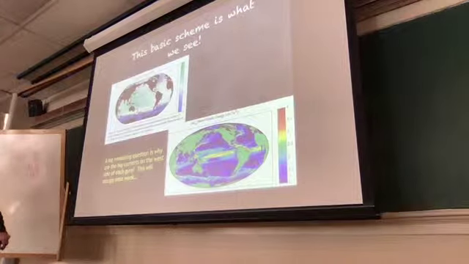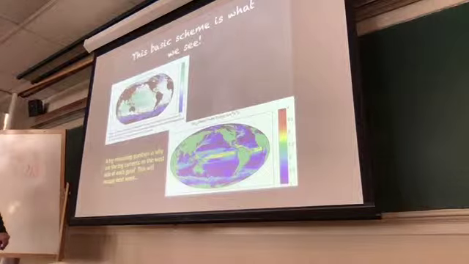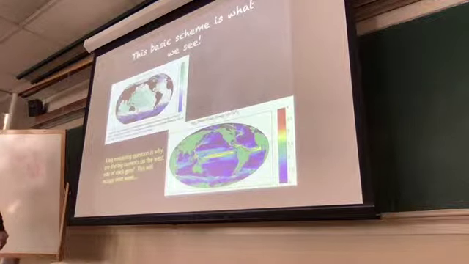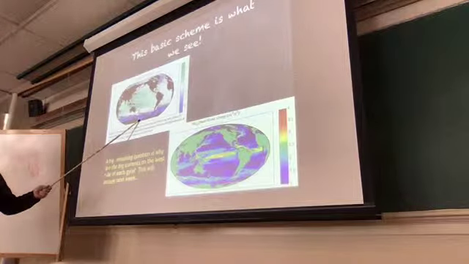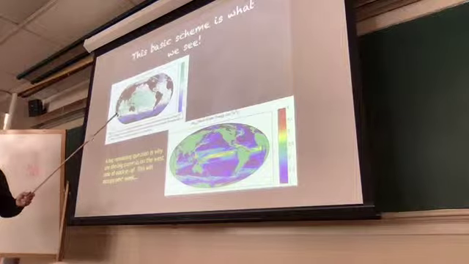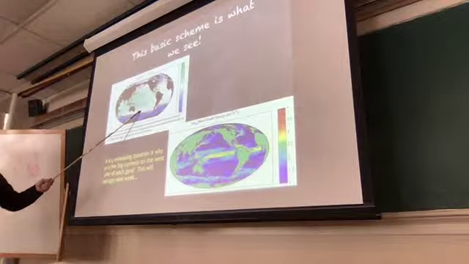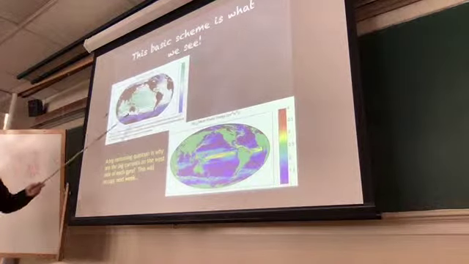One way to remember which way the geostrophic current goes. Okay, this has high pressure next to low pressure. So if it wasn't for the Coriolis force, which way would the high pressure go? South, right?